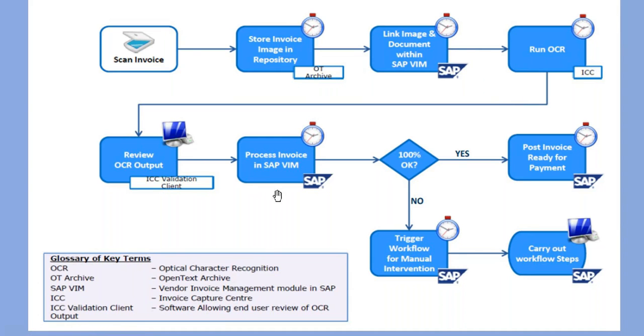Once the invoice is in VIM, the system will check for exceptions or errors, which will be raised when there is missing data or any data discrepancy. Data discrepancy means it will compare the data that came on the invoice, already pre-filled in the VIM fields, with the master data.